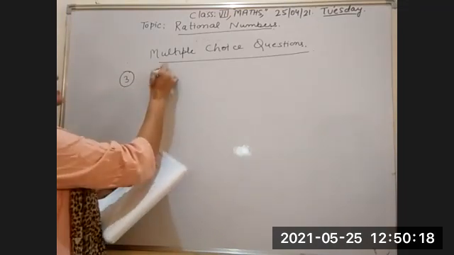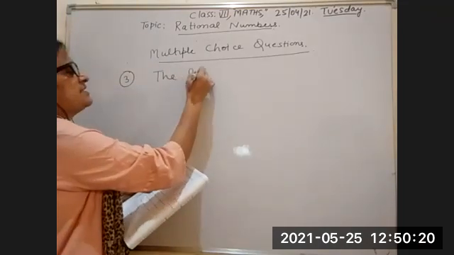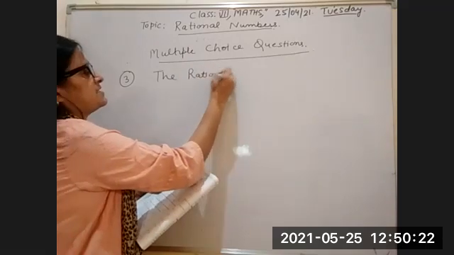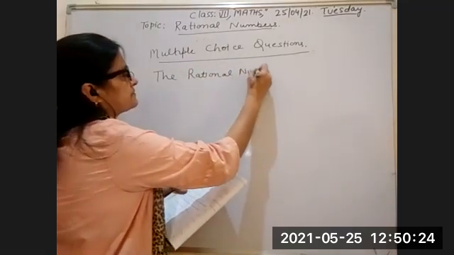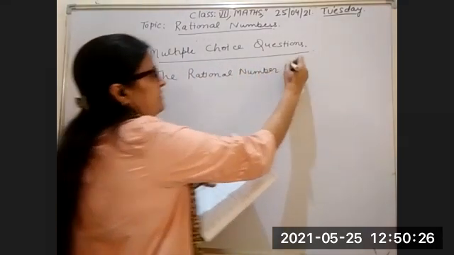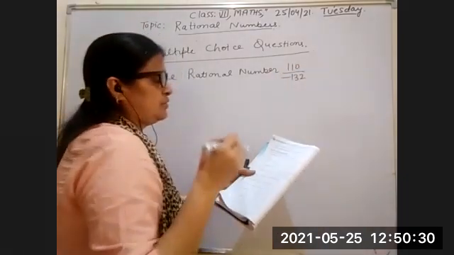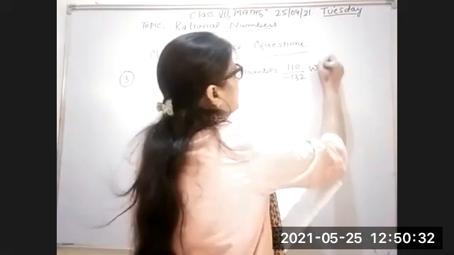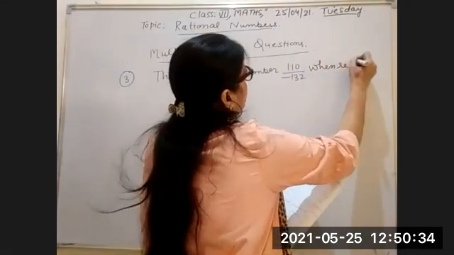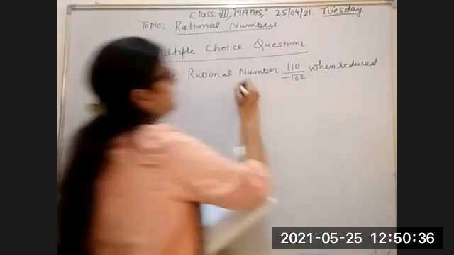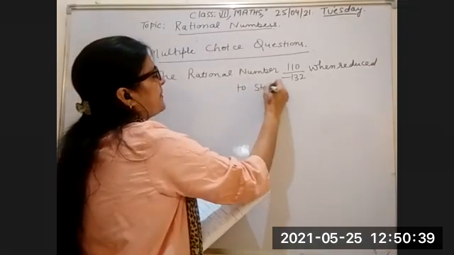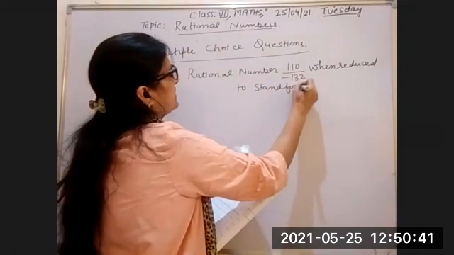The rational number. The question is written in this form: the rational number 110 upon minus 132, when reduced to standard form, how is it written?